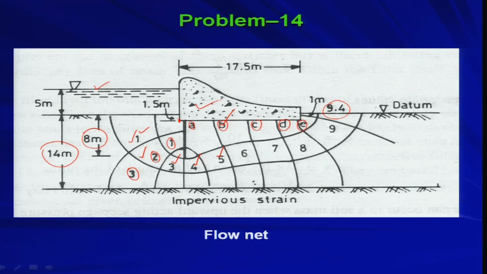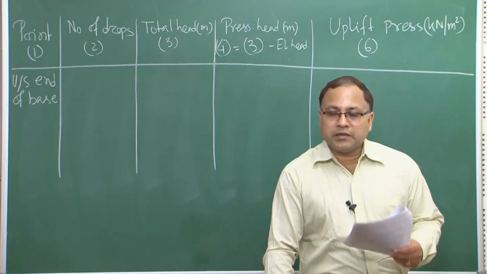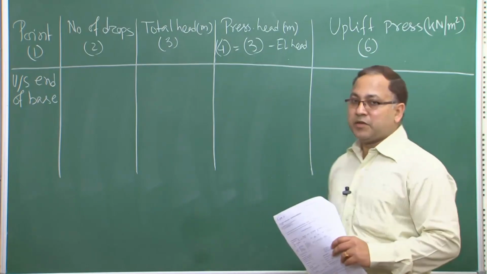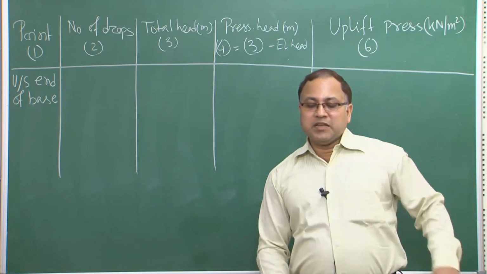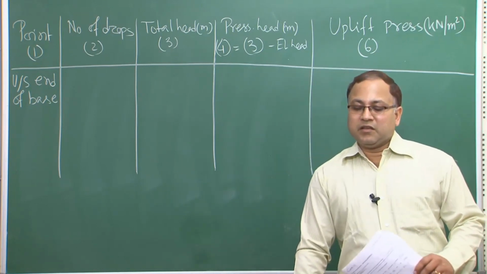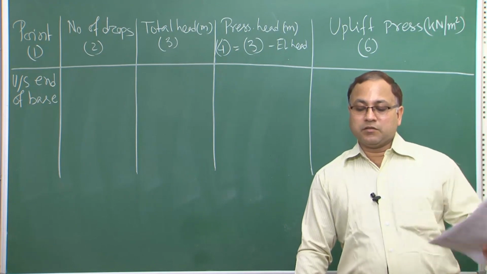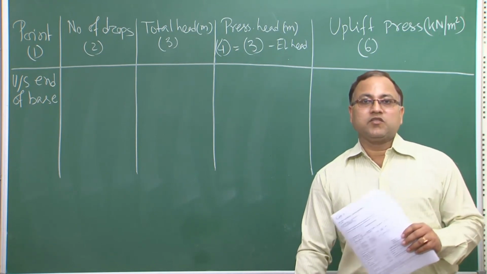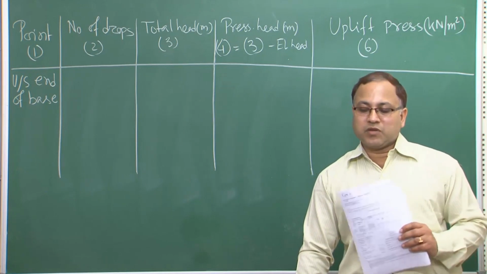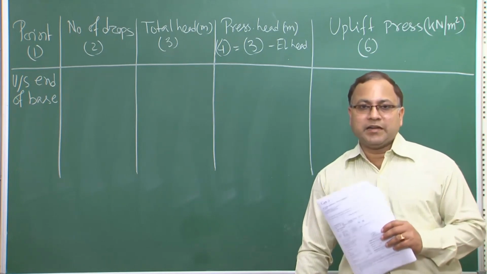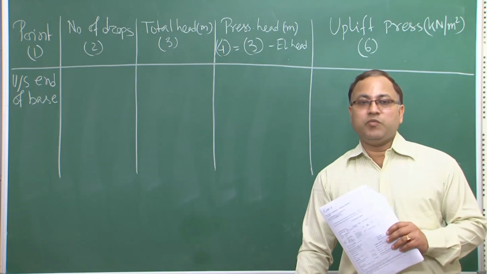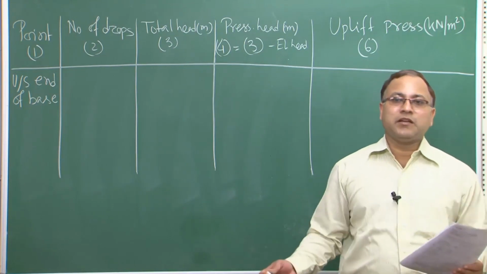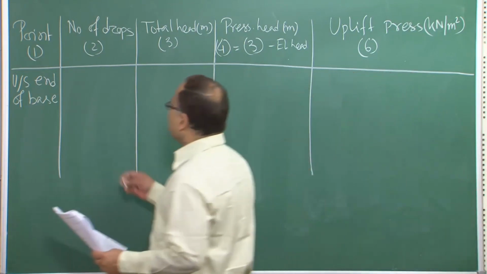So, how many number of drops are there for the upstream end of the base? Approximately that will be the average between the first and the second potential lines, right. So, if you come at the corner or the end of the base, you will have number of drops approximately equal to 0.5. So, that we can assume.